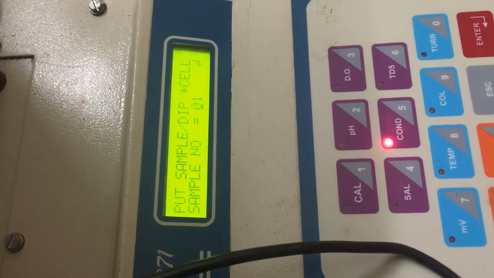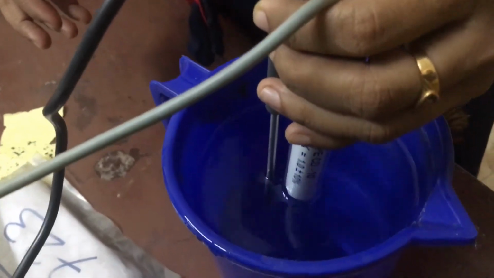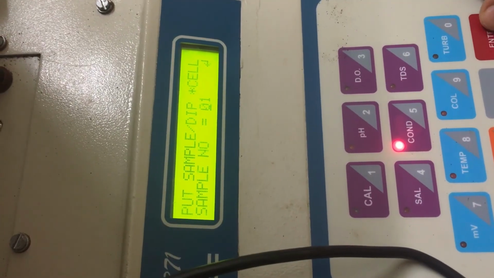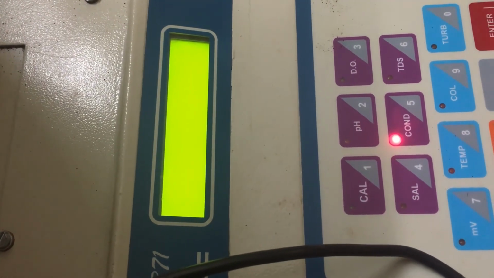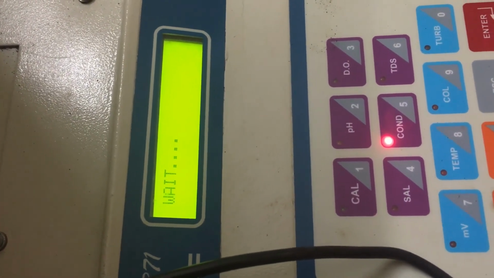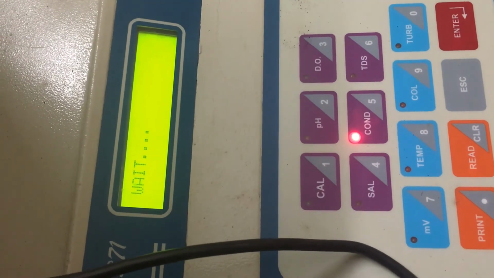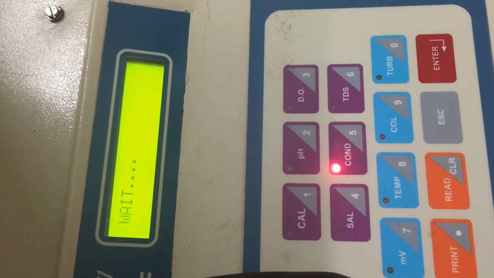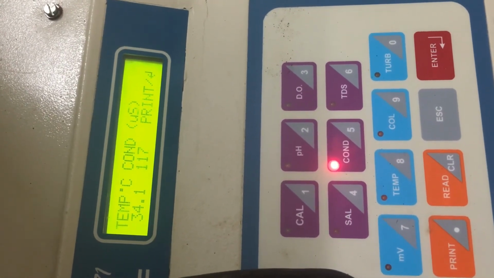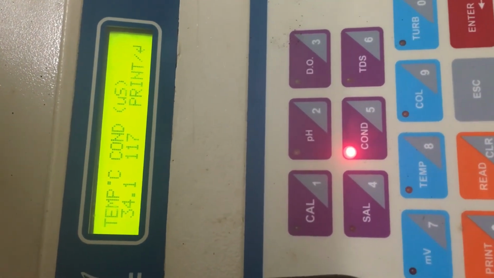Then press enter. Then it's showing put the sample. So we are dipping the probes, temperature and conductivity probe, in the water sample, and enter. Enter. Then we need to wait for some seconds to get the reading. Okay, we got the reading here, temperature and conductivity.